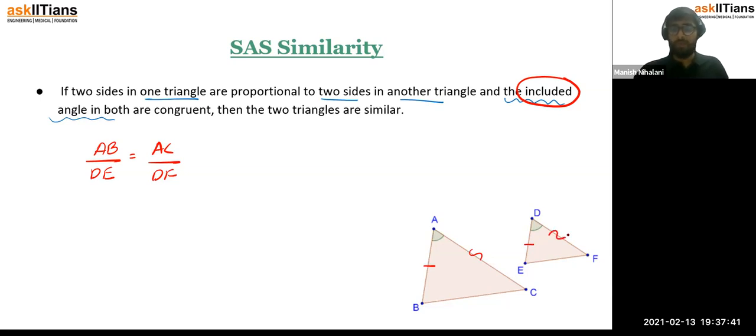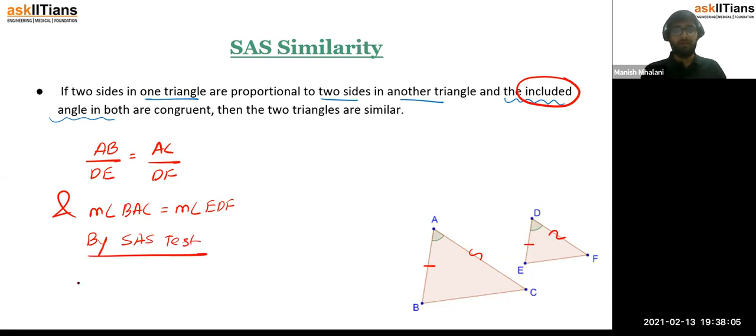If these are in same proportion and measure of angle BAC is equal to measure of angle EDF, then in that case we would say that these two triangles are similar by SAS test, right? Triangle BAC is similar to triangle EDF. This is what we mean by SAS similarity test, right?